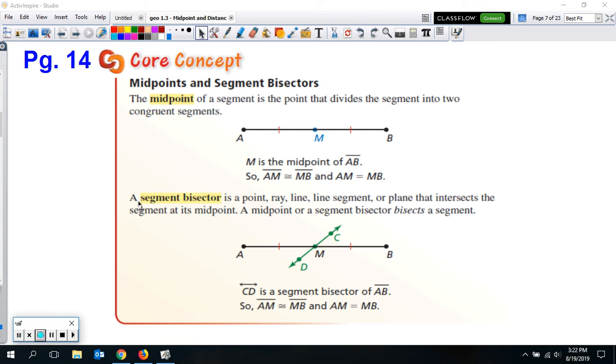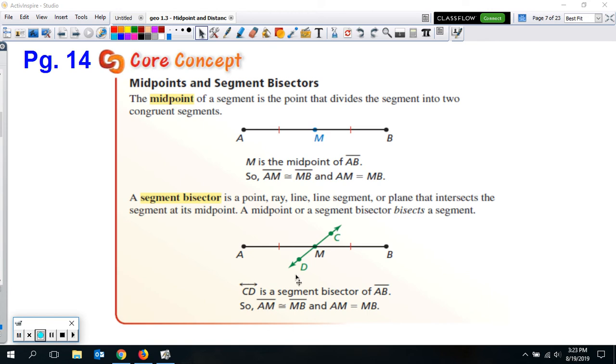The segment bisector, okay, here's what we want to know. Similar to the midpoint, but instead of just being a point, a segment bisector is a point, ray, line, segment, or even a plane that intersects the segment at its midpoint. So basically, you have your midpoint.